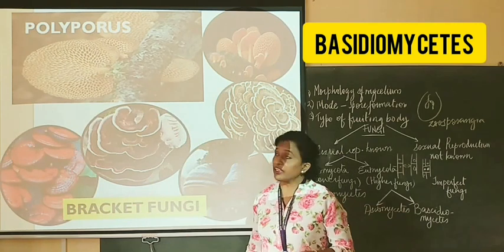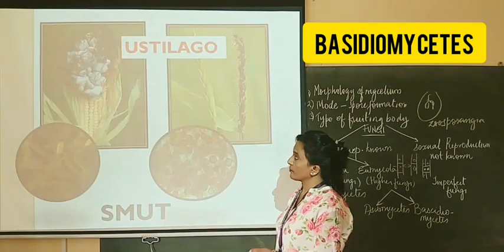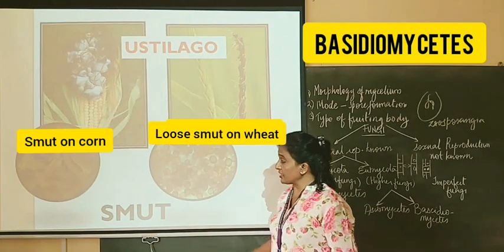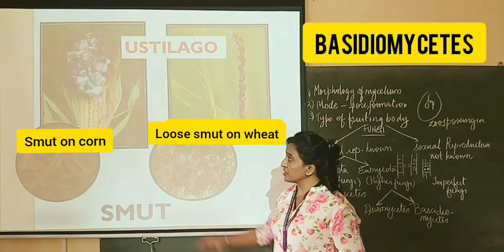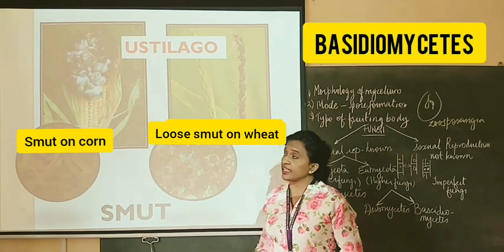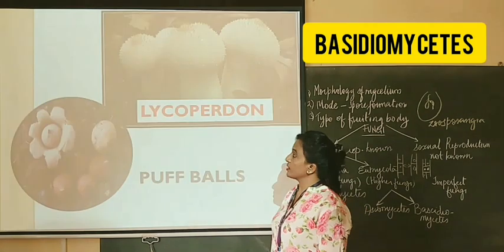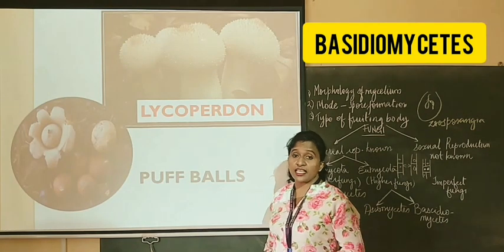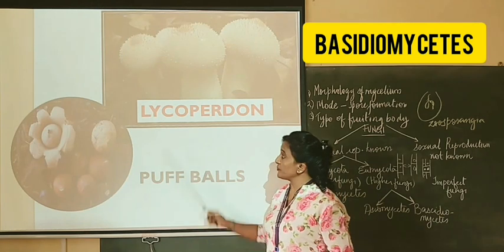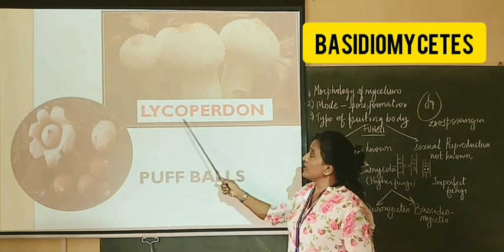One example is Polyporus. Another parasitic fungus that causes smut in the maize plant and other cereals is Ustilago. Then there are puffballs that are edible at a young stage. One example is Lycoperdon.